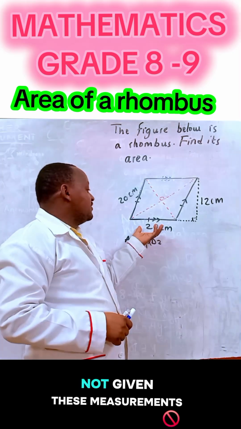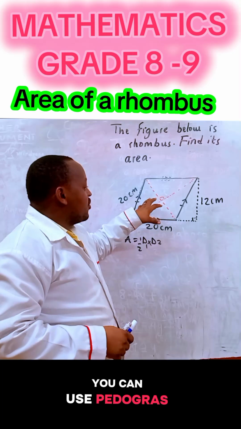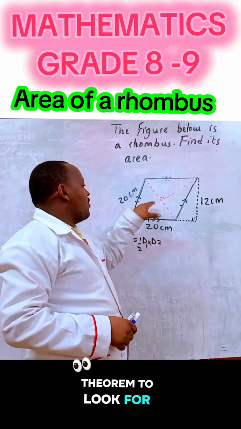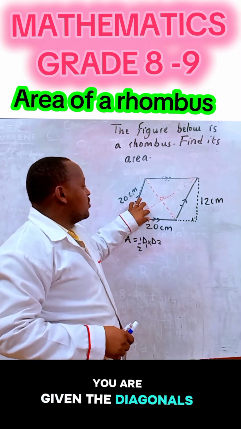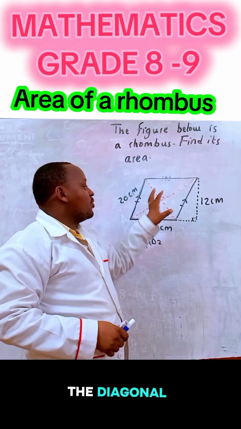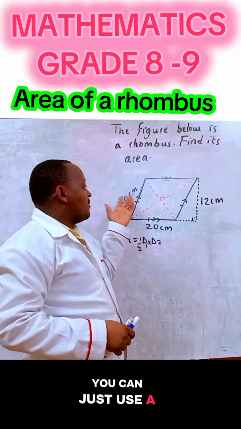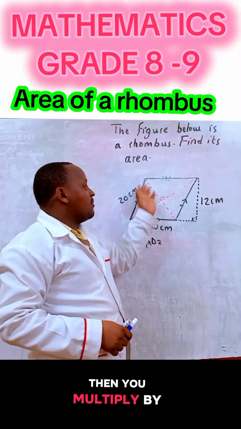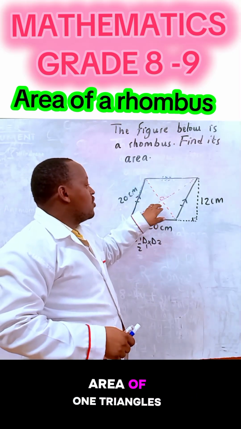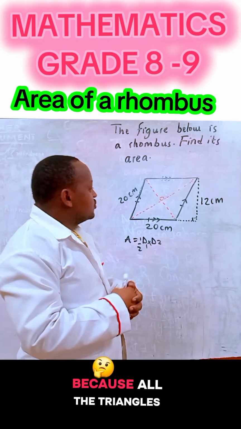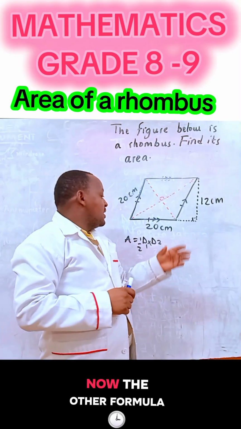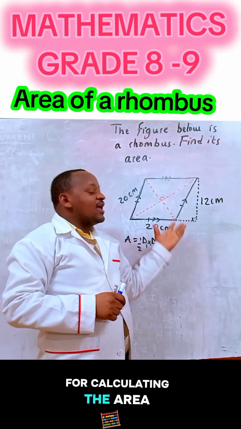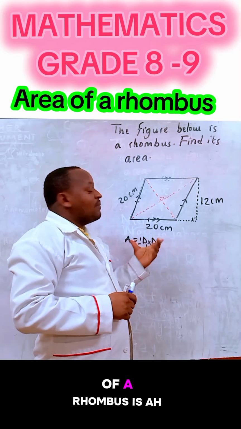So in case you are not given these measurements, you can use Pythagoras theorem to look for the area. If you are given the diagonals, maybe a part of the diagonal, you can just use Pythagoras theorem. Then you multiply by 4 after getting the area of one triangle, because all the triangles seem to be the same.